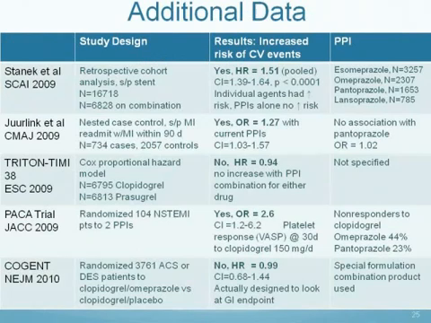Now, since that particular manuscript was published, a number of other individuals or groups have looked at data. Most of these are retrospective analyses. The one by Stanek was a look at a large database of patients who were receiving clopidogrel.